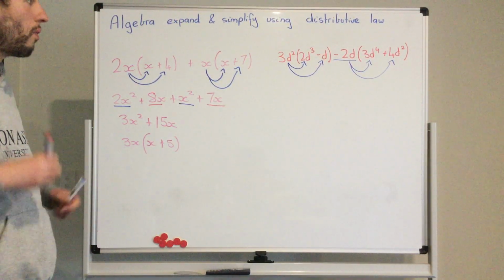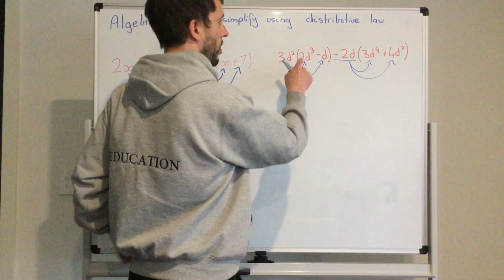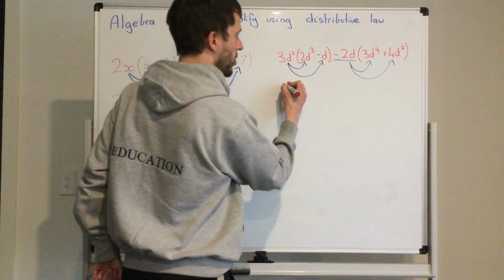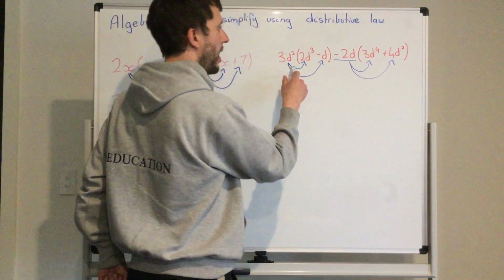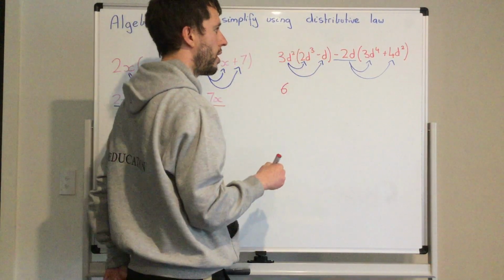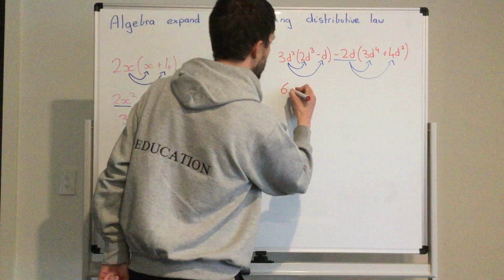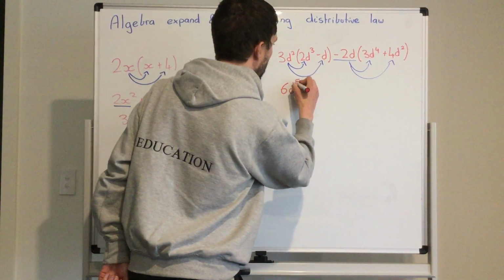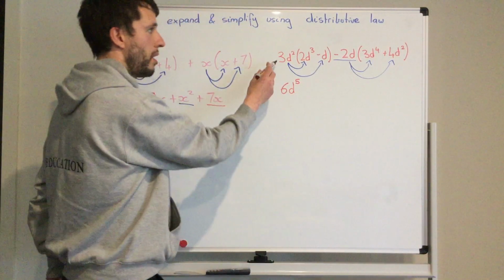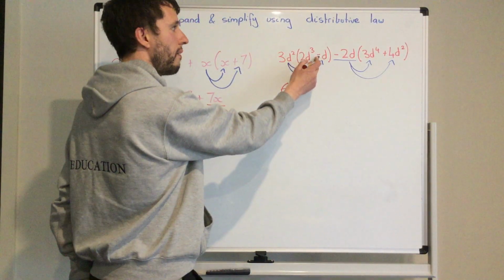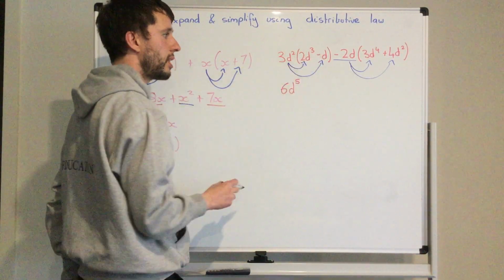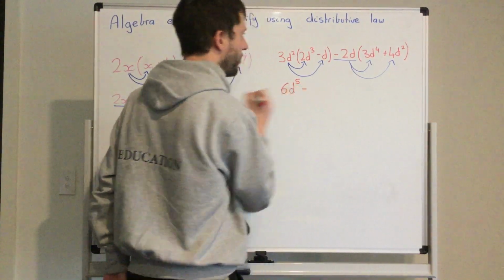So now we're thinking about that. We're going 2 times 3 equals 6. I've got d squared and I've got d cubed that I'm timesing, so that is d to the power of 5. And then there's no numbers there, but look here, the positive and a negative sign, that means it's a negative.